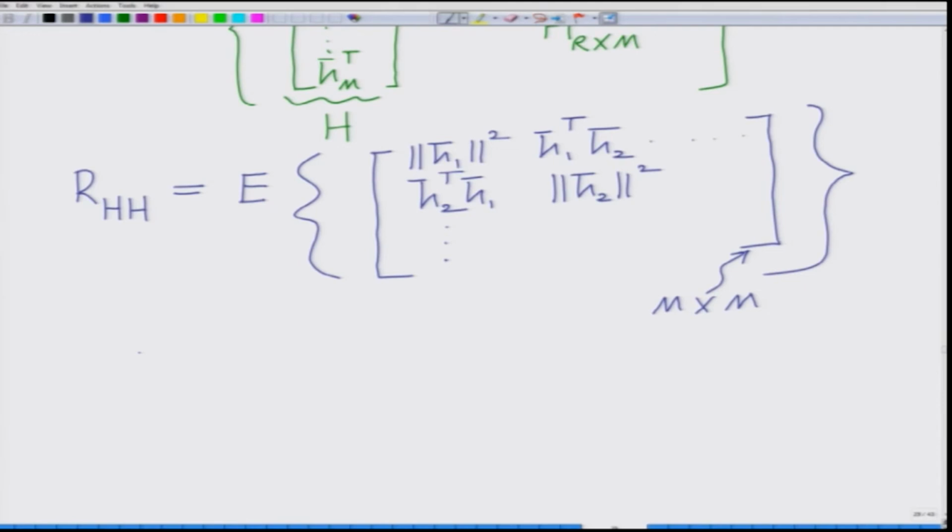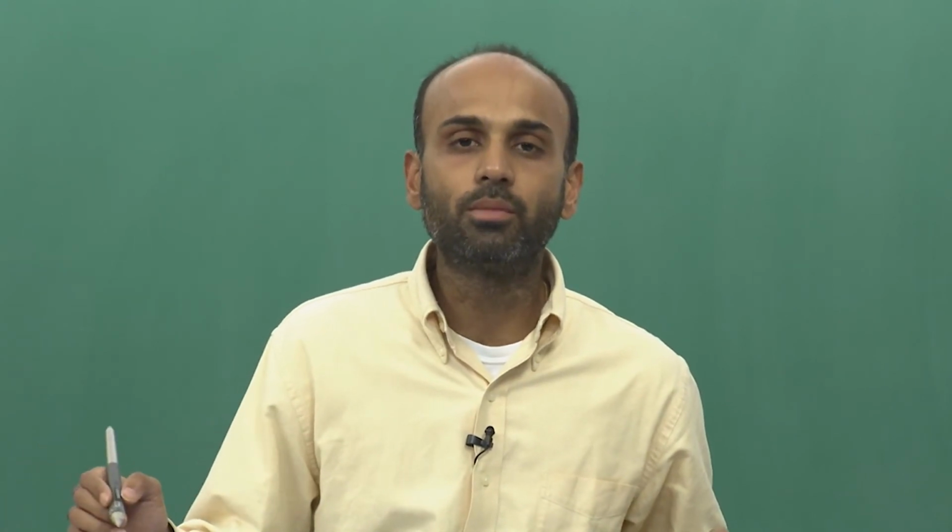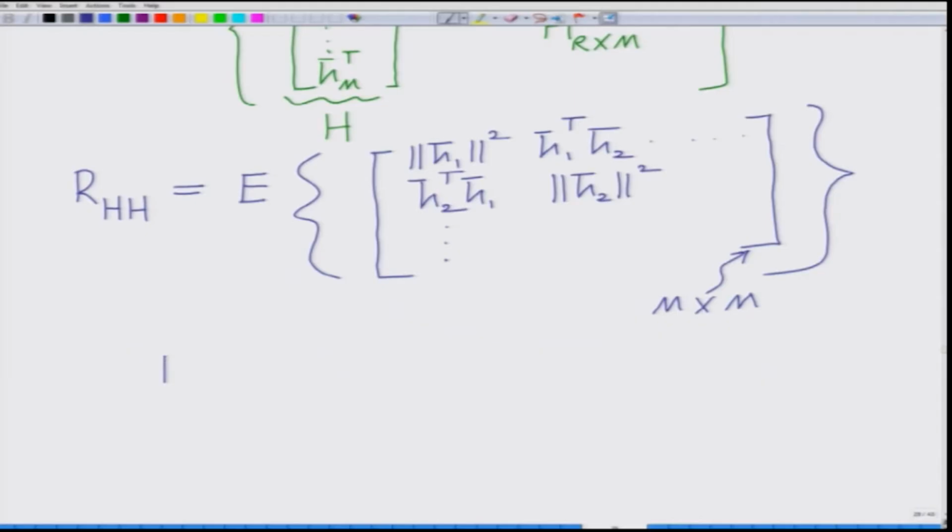Now observe that we want to compute this covariance matrix by taking the expected value of this matrix. Let us simplify the expected value of norm H1 bar square.